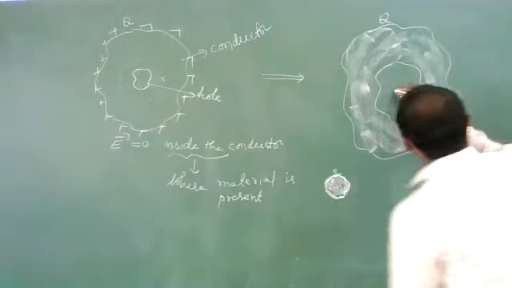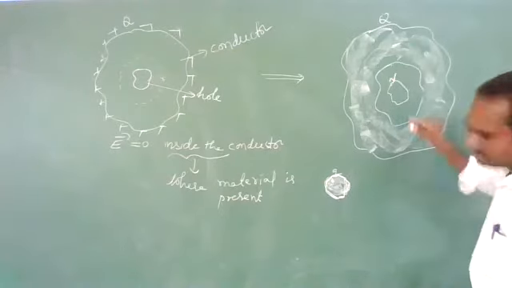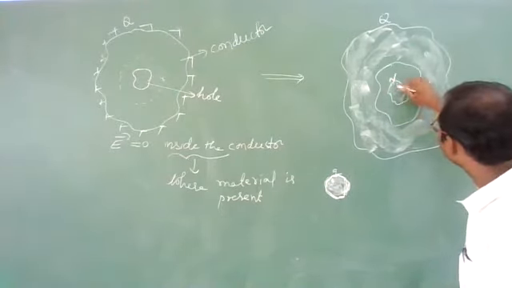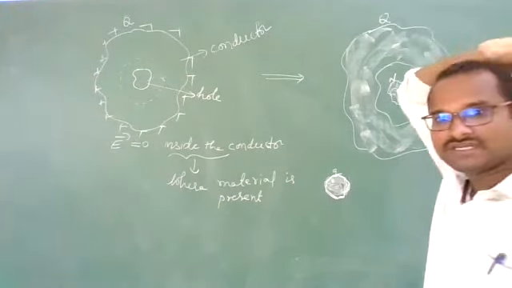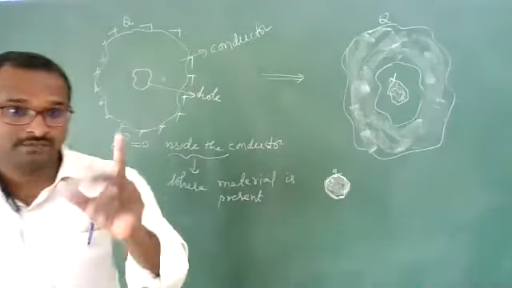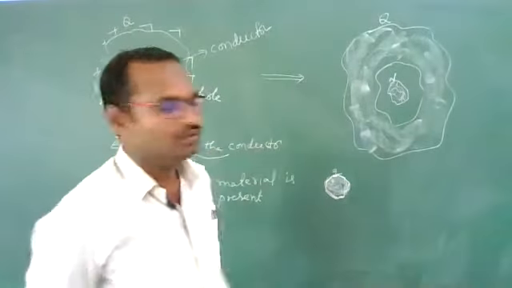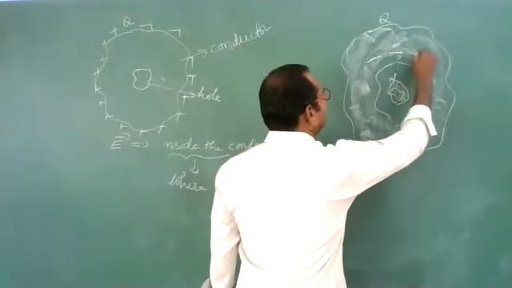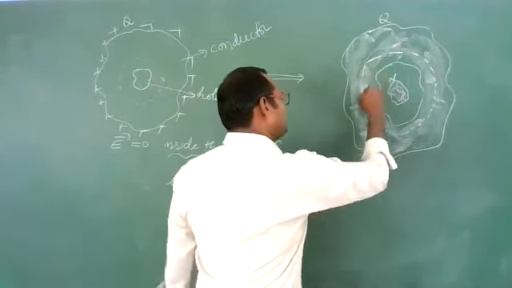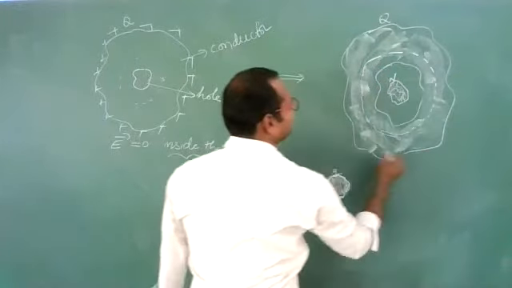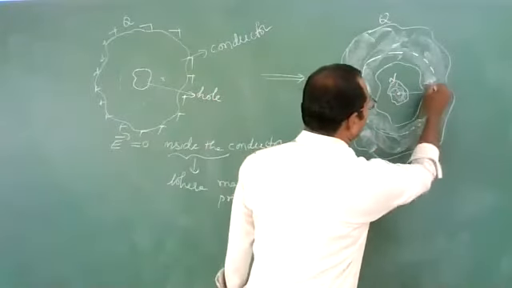Let us see what will happen if we keep this conductor having charge small q there. What will happen to the charge present on the outer surface of the conductor? Important point, you need to listen carefully. Draw one Gaussian surface inside the conducting material, whose radius let us take r.